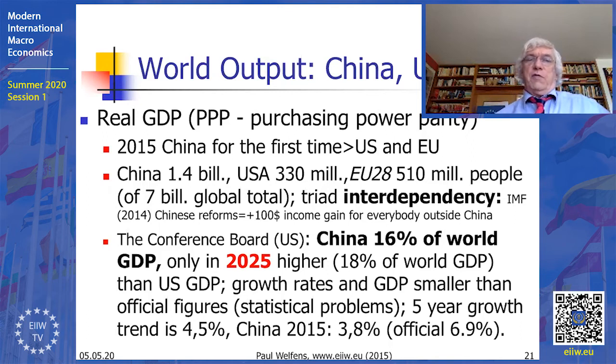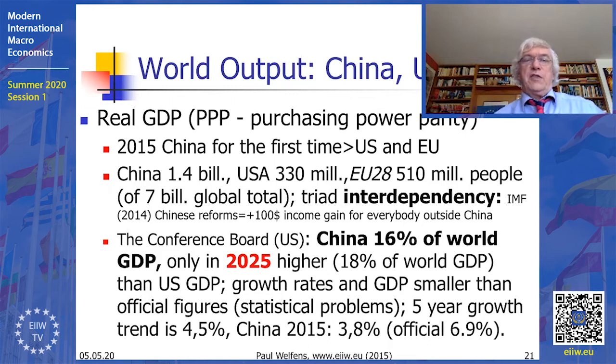China has 1.4 billion inhabitants, the US 330 million, EU 28 is 510 million. The global total is a little bit more than 7 billion, and we have this triad interdependency.